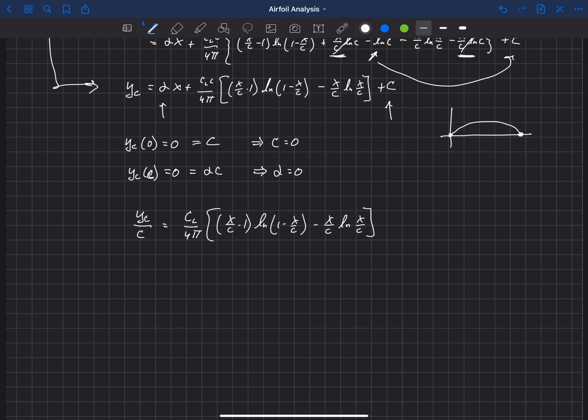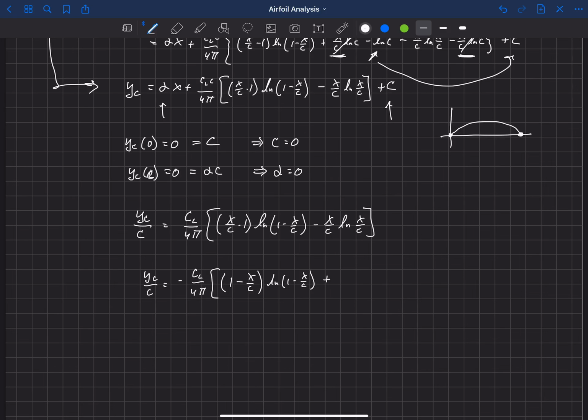Now I've also seen this written with a negative out front, so I'm just going to write it that way as well. You can pull a minus out front, so we got CL over 4 pi. And for that minus, I'm just going to flip the direction of the stuff in the first parentheses here. Natural log of 1 minus x over c.